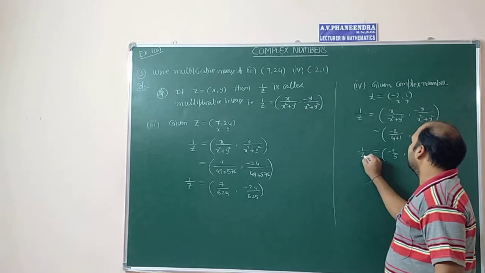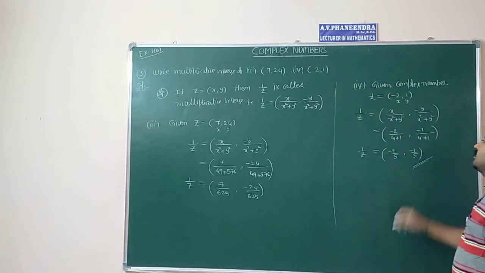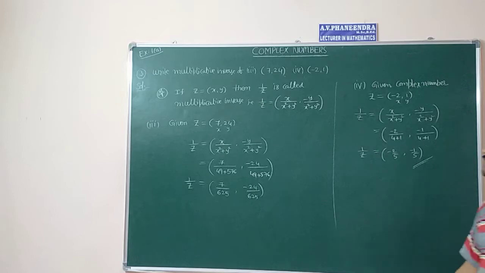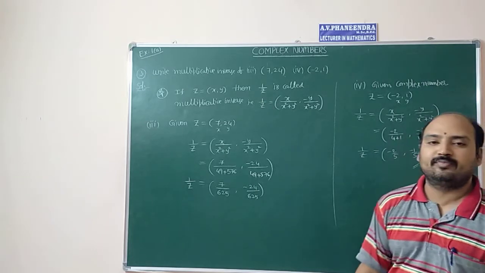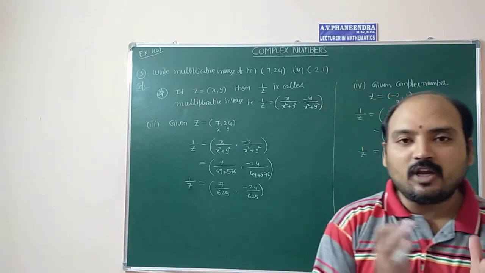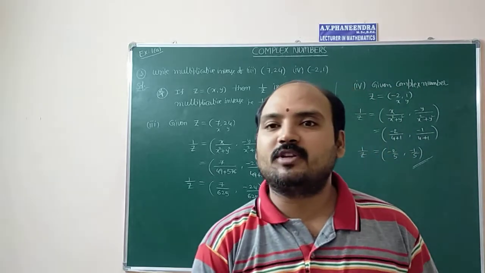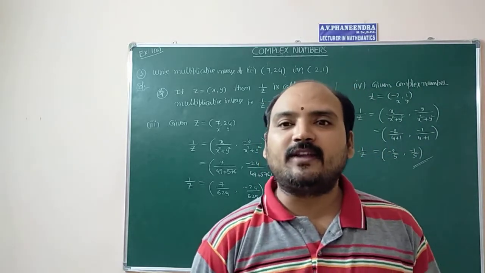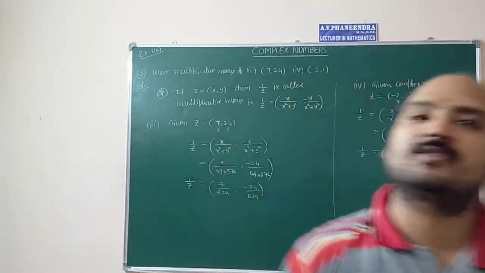Therefore, the multiplicative inverse of the given complex number is minus 2 by 5 comma minus 1 by 5. Like this, you have to find the multiplicative inverse of a complex number. We will enter into the next exercise 1b in this.